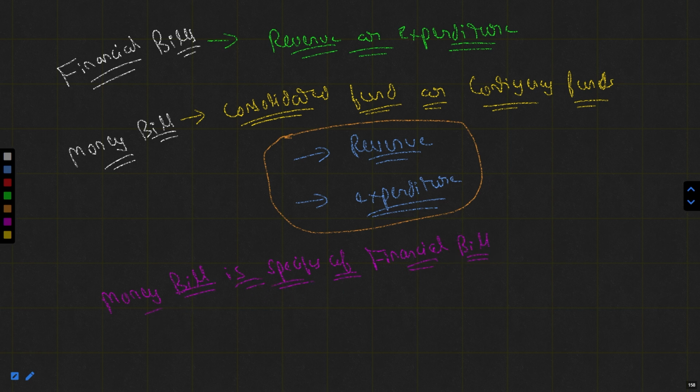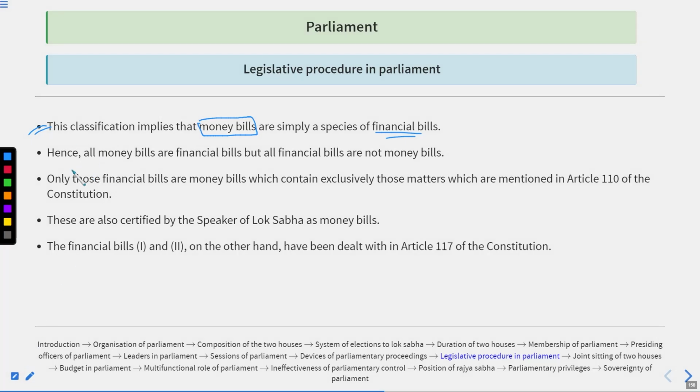The financial bill is the broad term used for revenue and expenditure. The money bill is a specific term dealing with the Consolidated Fund and the Contingency Fund, which are the money pooling and money drawing sources for the government in cases of revenue or expenditure. Hence, all money bills are financial bills, but all financial bills are not money bills.